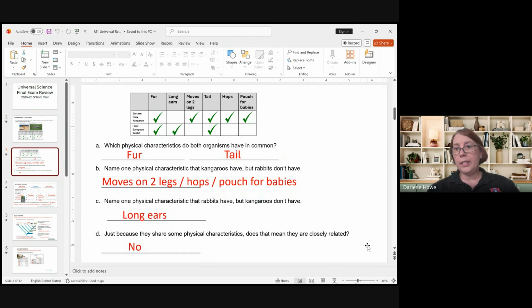Of course, there were lots of mistakes made at that time because, like we looked at in our notebook, a giant panda and a red panda look very similar to each other. They even have the same common name. They're both called pandas. But when you look at the DNA, they are very far away from each other. Okay?